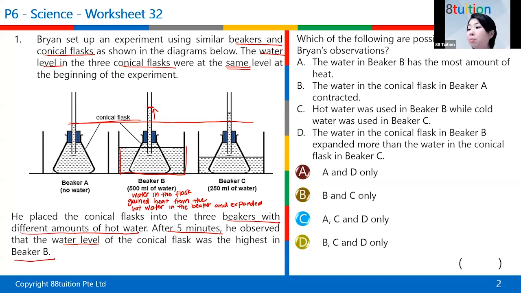So what can you tell me about the amount of heat energy in the water in beaker B? Christina, is it the most, the least, or what? The least. Sorry? The least. If it's the least, how come the water can rise the most?